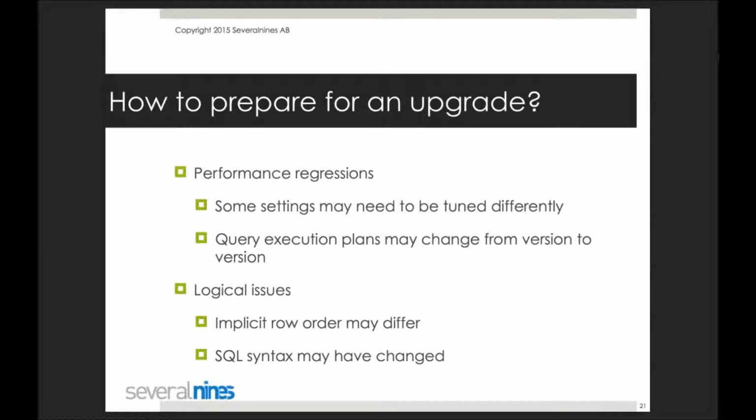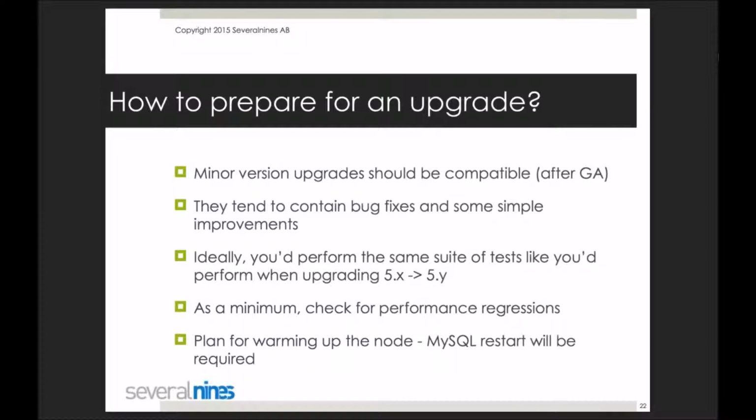The minor version upgrades should be compatible with each other after the MySQL major version reaches the GA point. Then the minor version upgrades should be compatible, and they tend to contain bug fixes and some simple improvements. But having said that, ideally, as long as you have time and resources to do that, you should be performing the same suite of tests like you would do for the major version upgrade, because it's always better to stay on a safe side, not taking any risks.